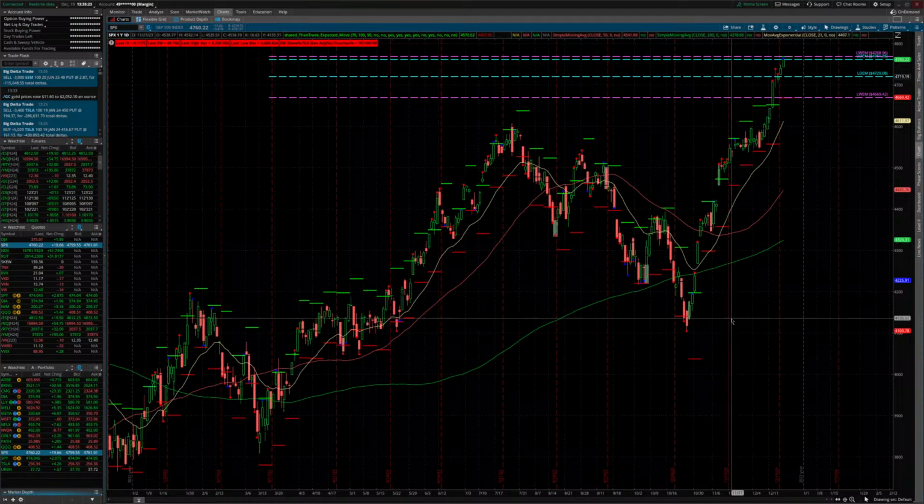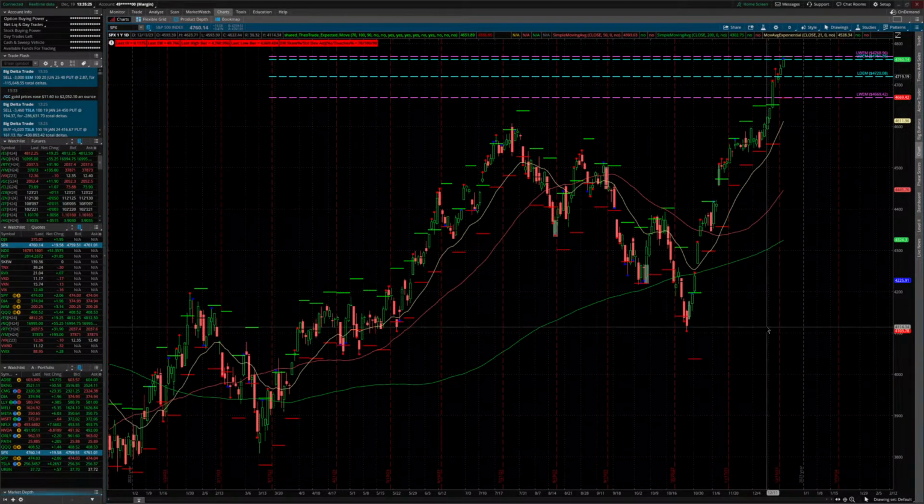This is a one-day chart showing the rally that began on October 30th. IV collapse, put Vanna rally fueled by the November Fed meeting. I believe that was November 1st.